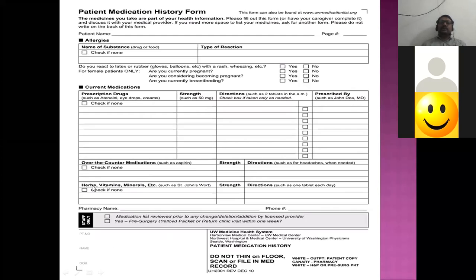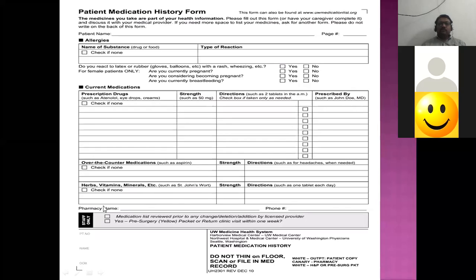Apart from OTC medicaments, there are alternative medicines. Apart from allopathic, if Ayurvedic, Unani, or homeopathic medicaments are taken, you have to write them down in this form, along with their strength and directions.